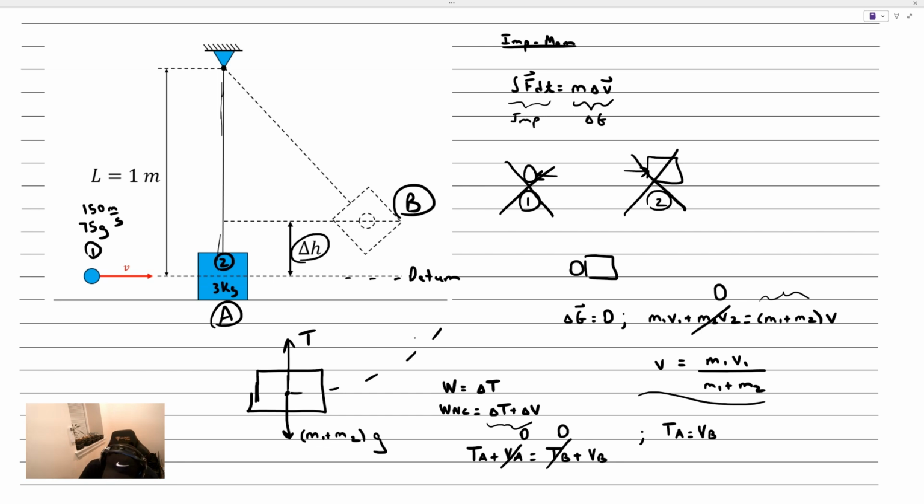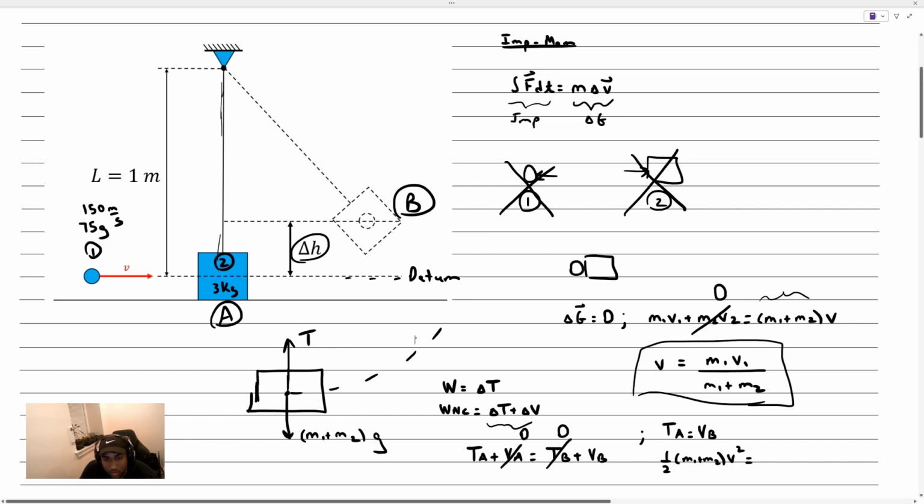If we fill in some of these terms, we know that the total mass of the system is m1 plus m2, 1/2 m times the speed at that point squared, where this v is what we found after impact. That's this over here.